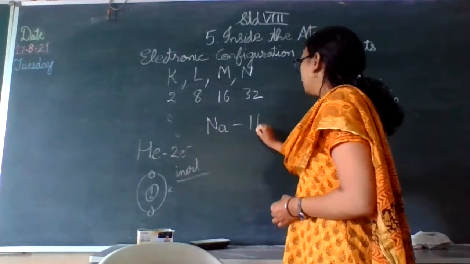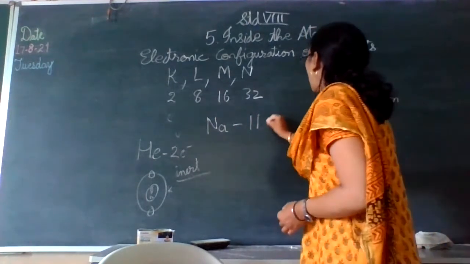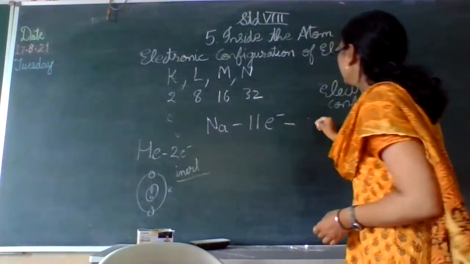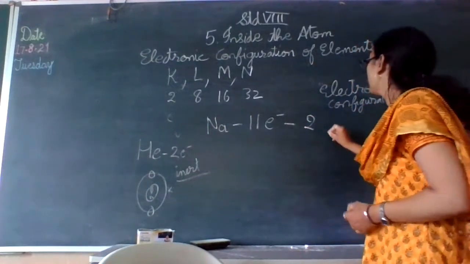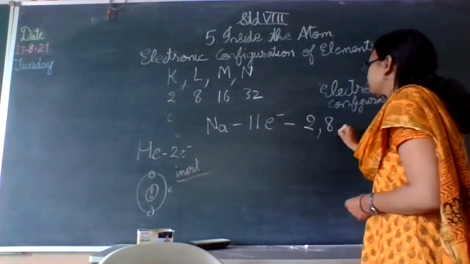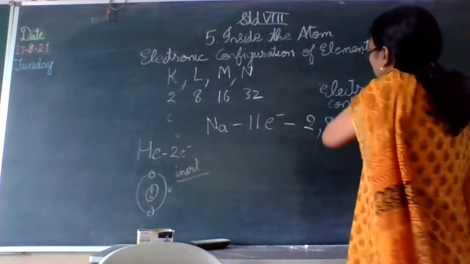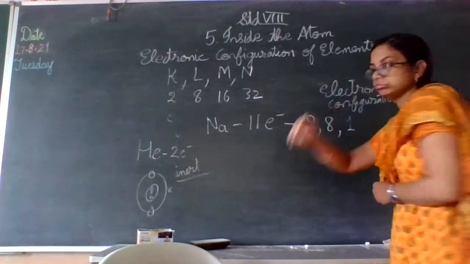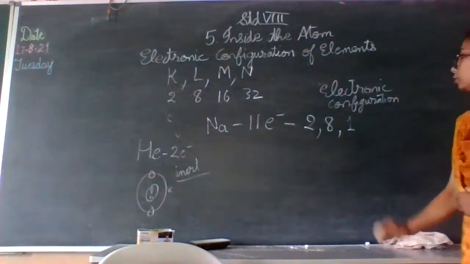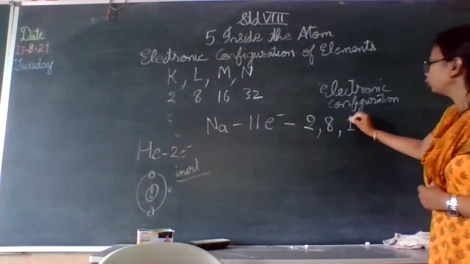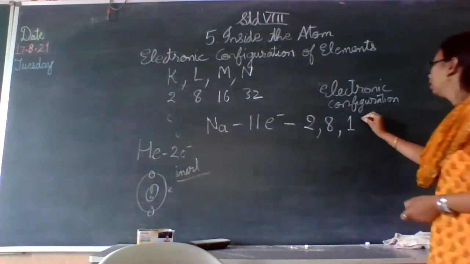It is having 11 electrons. How to divide? Electronic configuration will be 2 in the K shell, 8 in the L shell, and in the M shell we have only 1. Only 1 electron is remaining in its outermost valence shell.